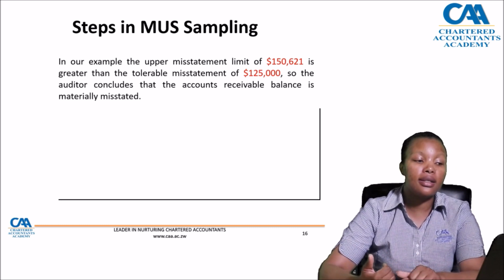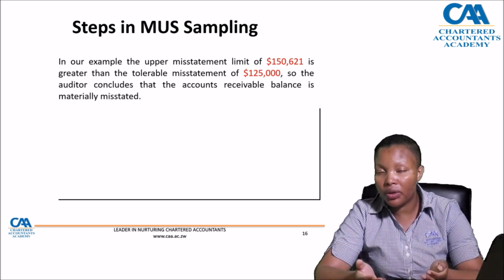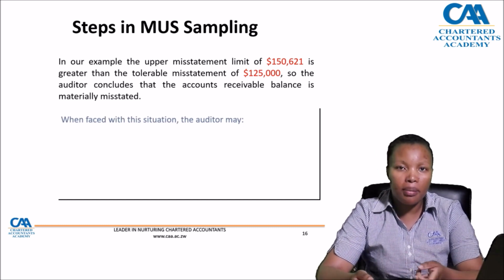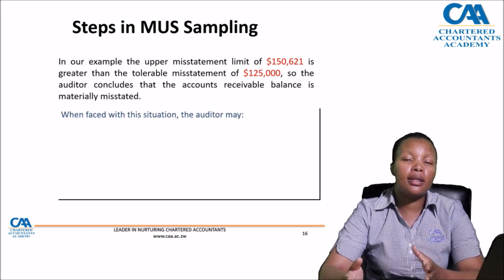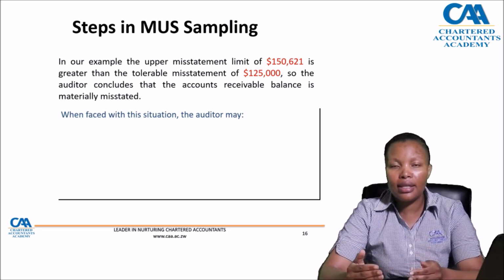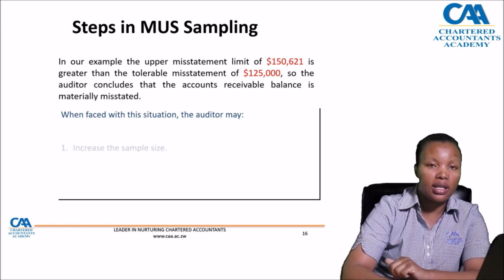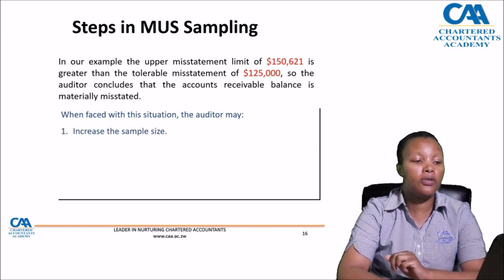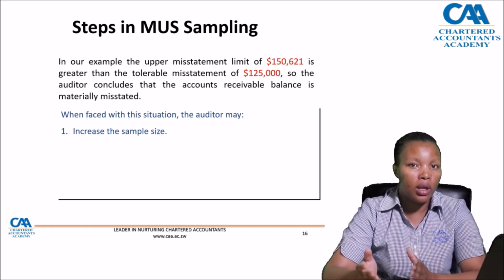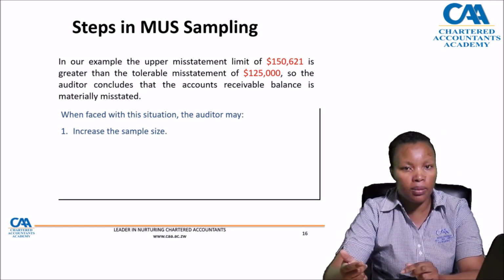So the auditor can decide maybe to increase the sample size. Because remember, there is always sampling risk. So maybe they increase the sample size to see, okay, maybe it could have been that the misstatements are sitting just in the sample that the auditor picked. So they can increase the sample size and carry out the tests that they deem fit, or those they carried out on the sample which they used to come up with the conclusion in the first place.